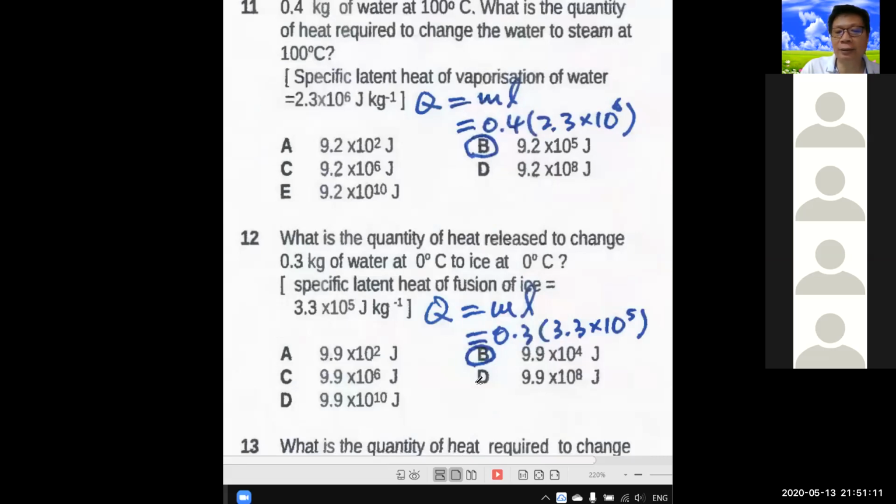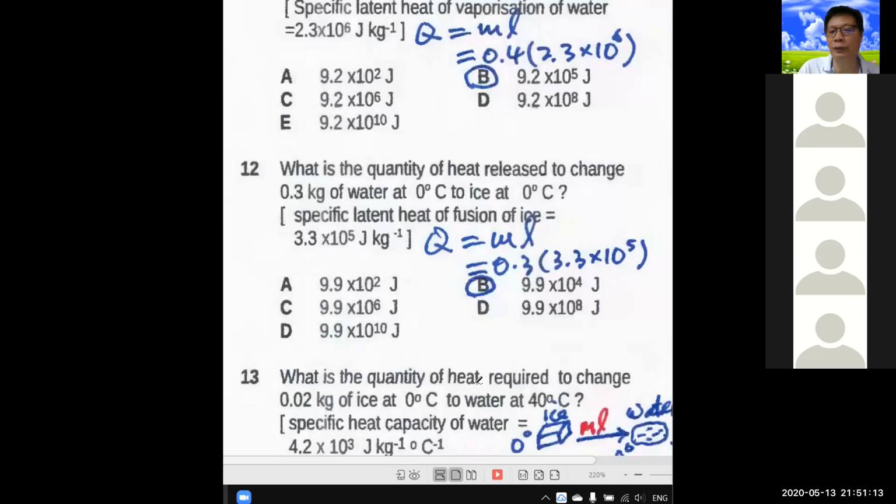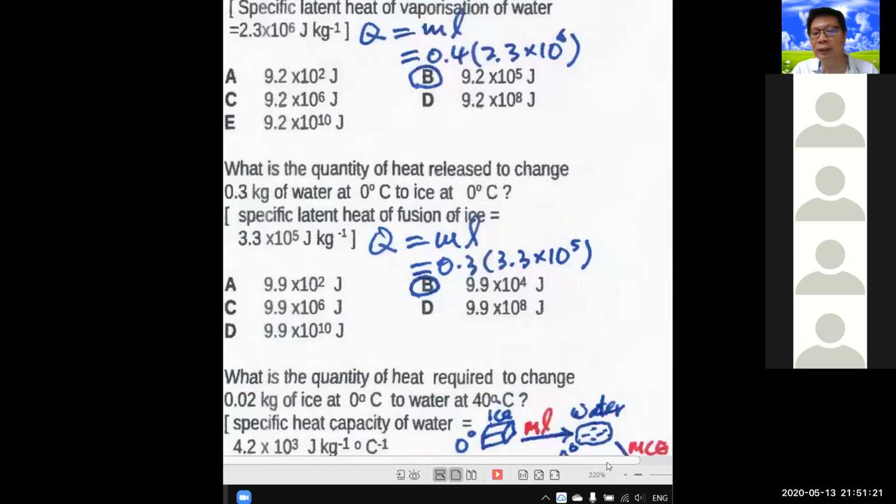Okay. Next, 13. You all try first. You all sketch a diagram like this. I want to see how many stages. You draw the diagram first, then only you calculate. Follow what I did here.